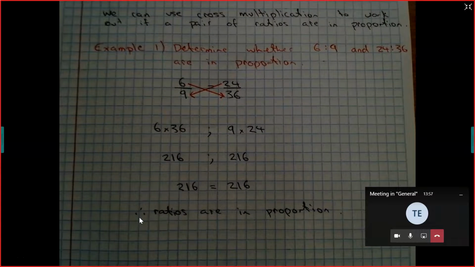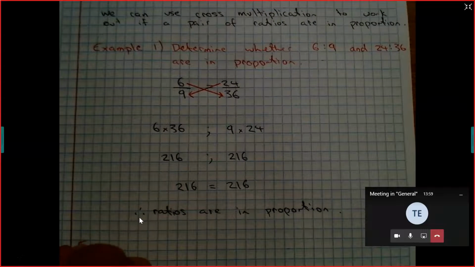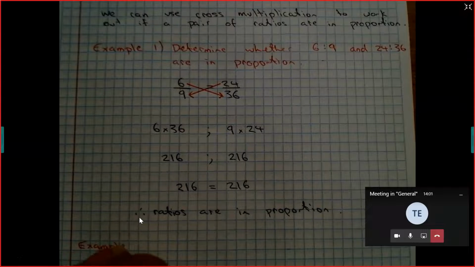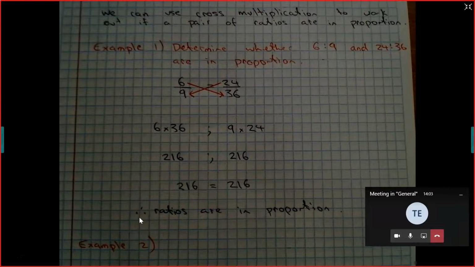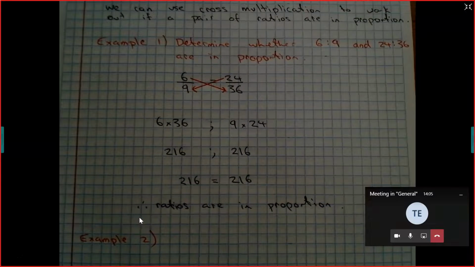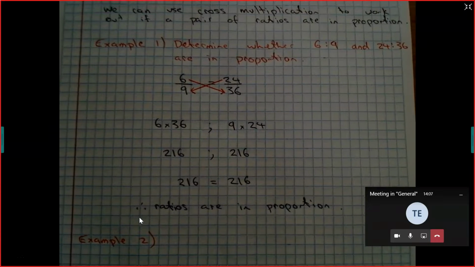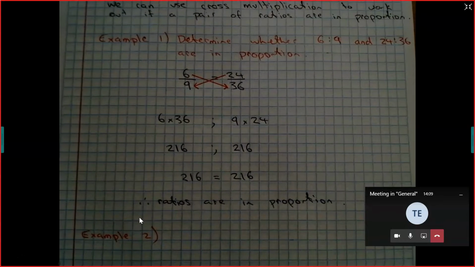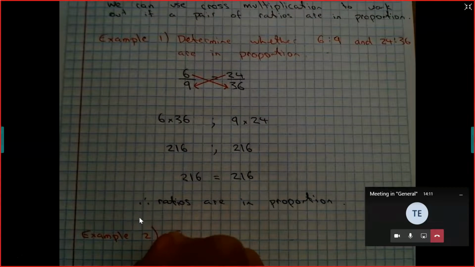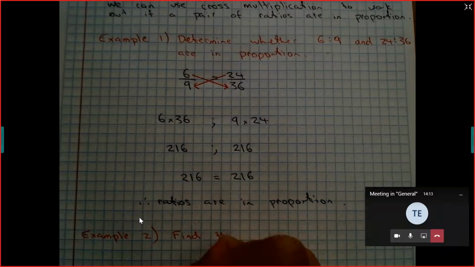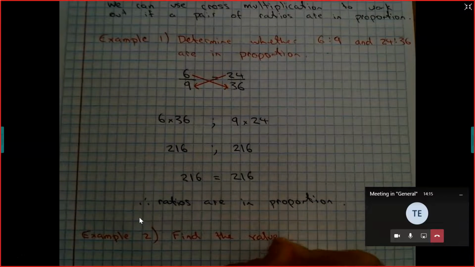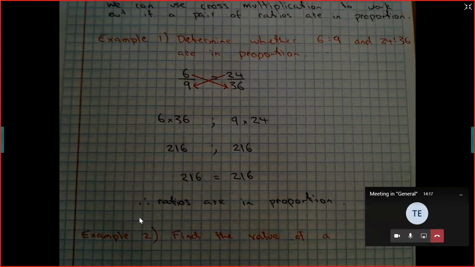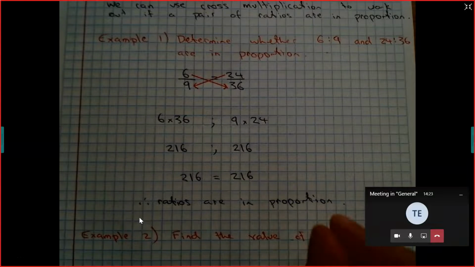So, our next example. This is another application where cross multiplication can be useful. Find the value of A. A is an unknown variable, so this is a bit of algebra.